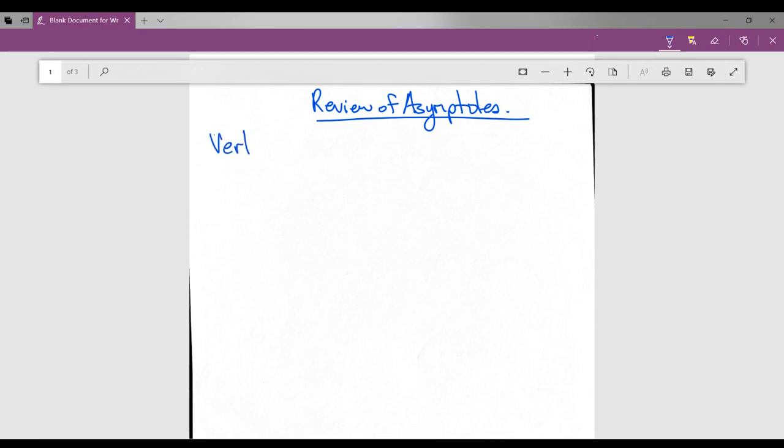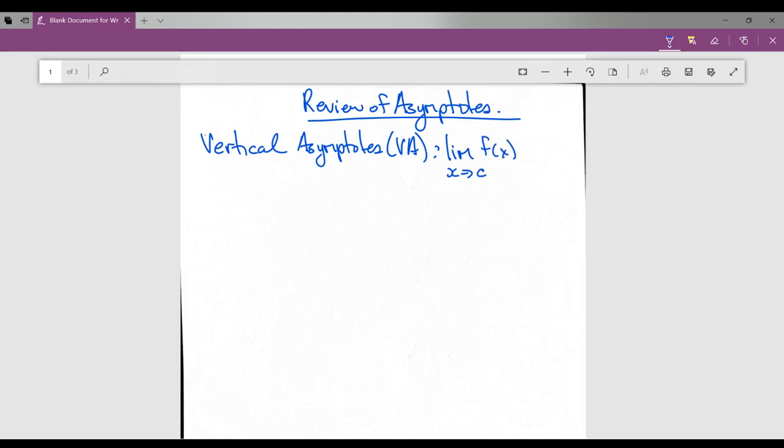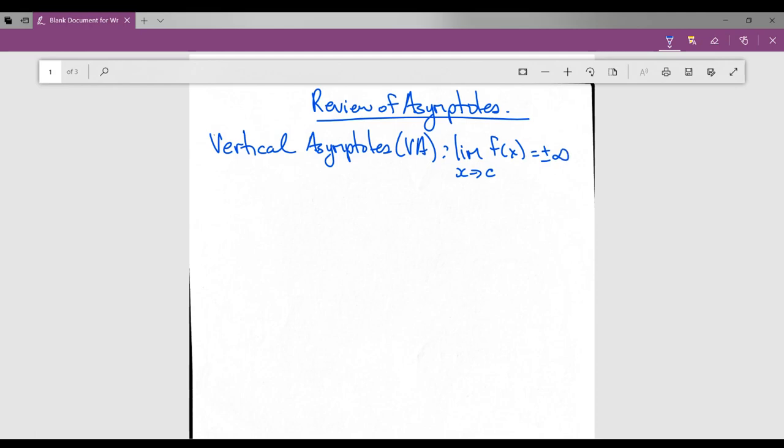So first kind that you encountered in grade 11, I believe, vertical asymptotes. I'm going to shorthand as VA. Formal definition would be the limit as x goes to c of f of x equals plus or minus infinity, which, as you know, on a graph, the graph spins out to infinity.